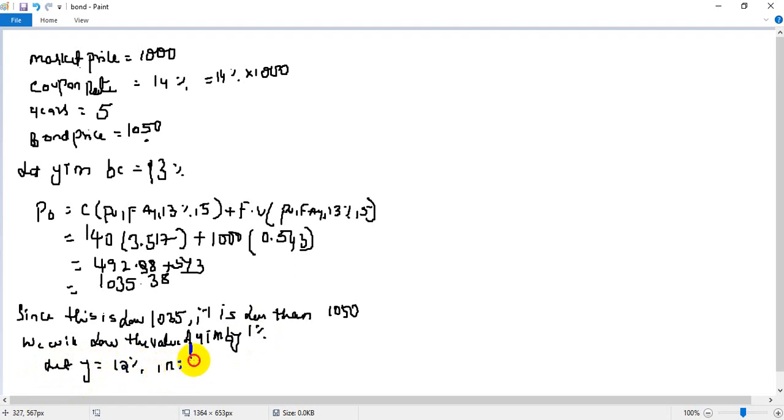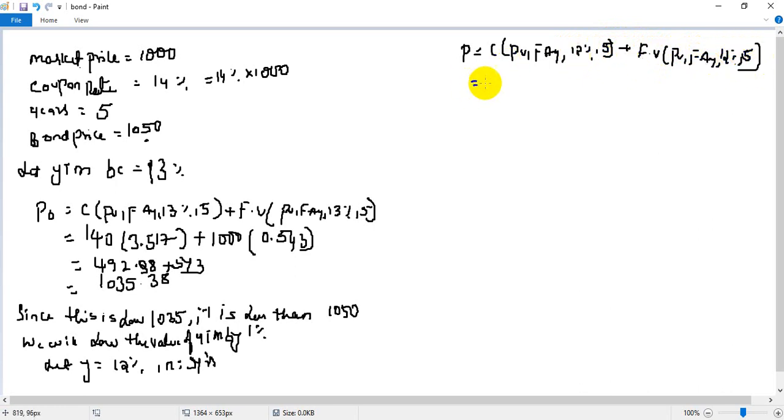So N is 5 years. Here I will do the continuation part. P is equal to C into PVIFA, 12%, 5 years, plus face value into PVIF. The coupon will be 140 only, but these values we are going to change.